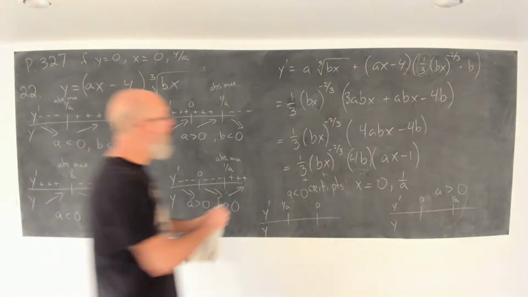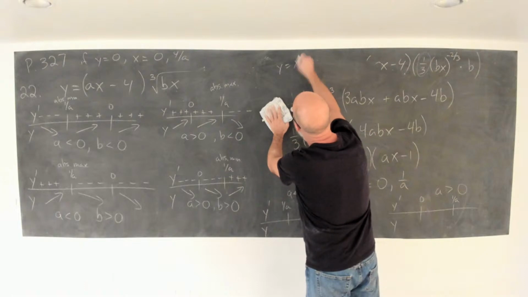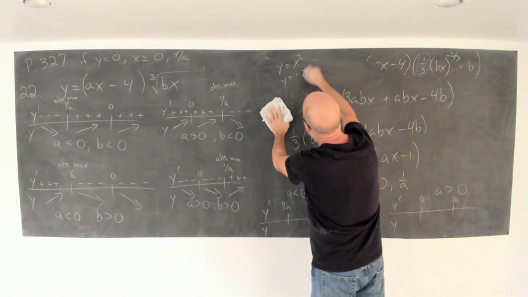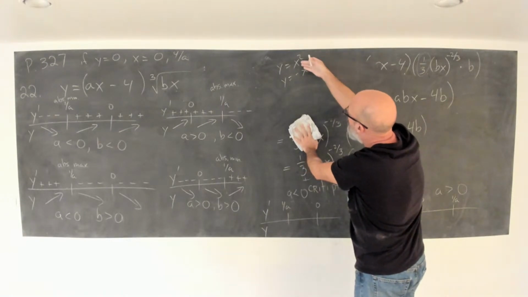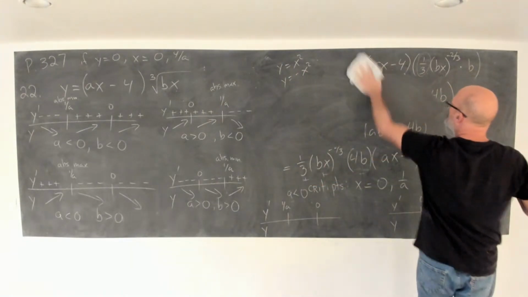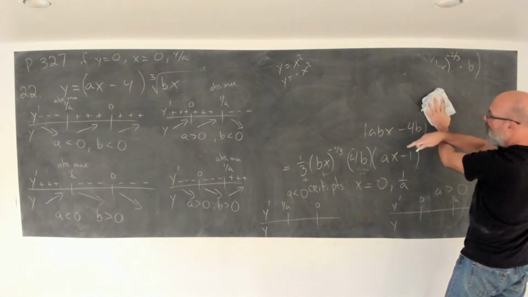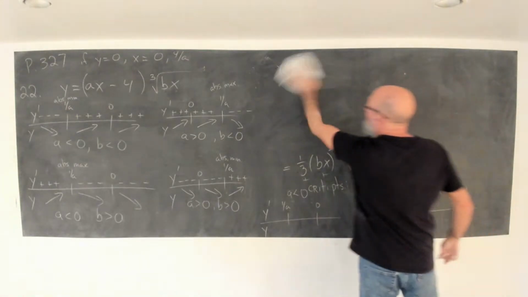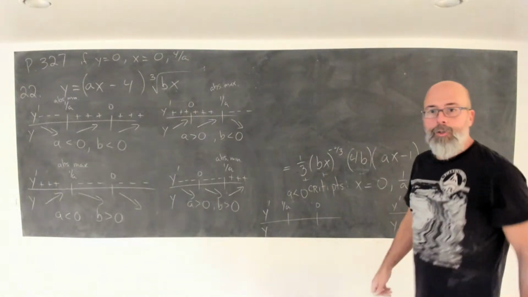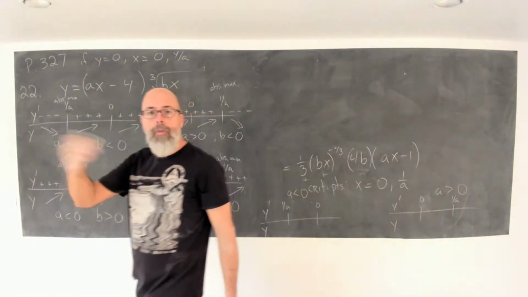Right, in the same way that the graph of y equals x squared and y equals negative x squared is the same graph, but this one is flipped about the x-axis. So we could have done all the work for B bigger than 0 and then just flipped it.